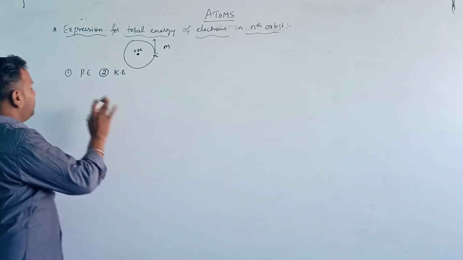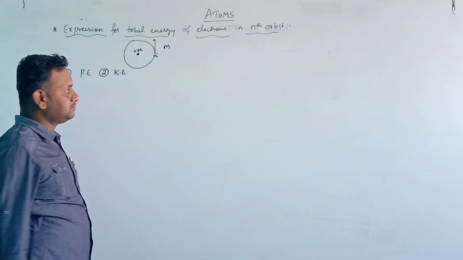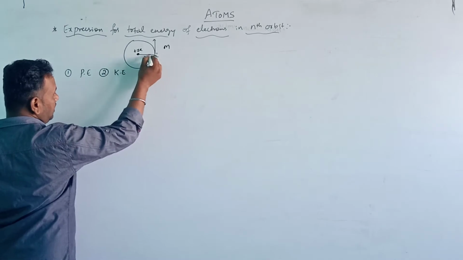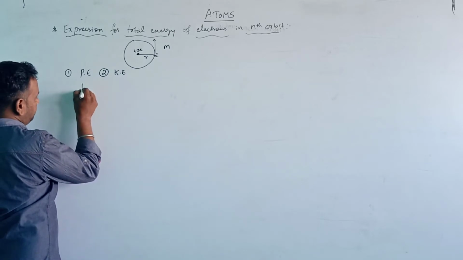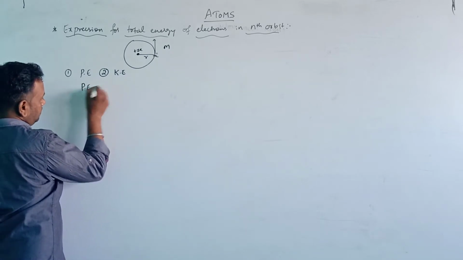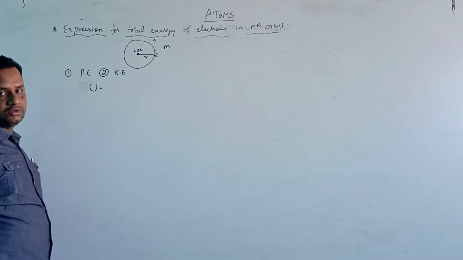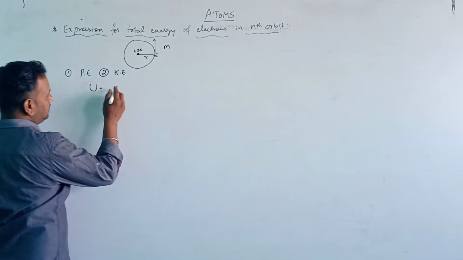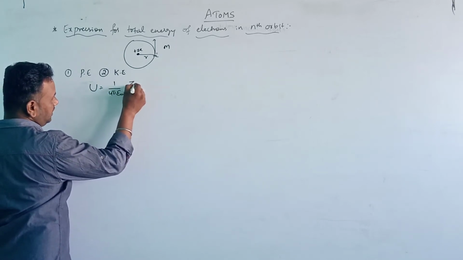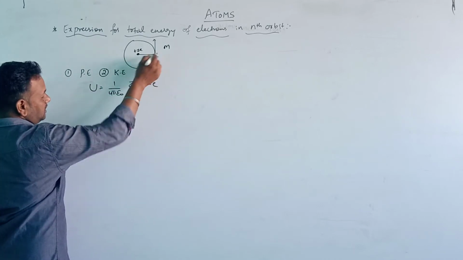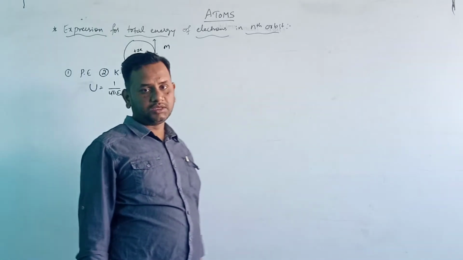Now, as this electron has a potential energy at a distance r from the nucleus, its potential energy, which we denote as U, is 1 by 4 pi epsilon naught, Ze into minus e, that is the charge of this electron, divided by r, the distance between the electron and the nucleus.